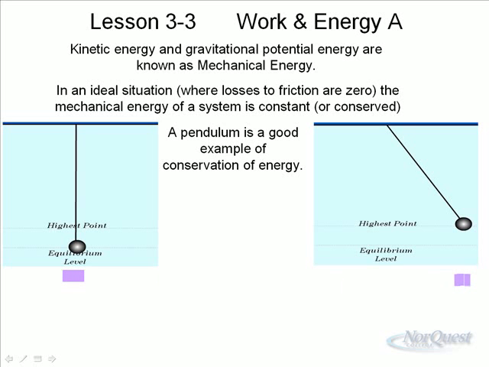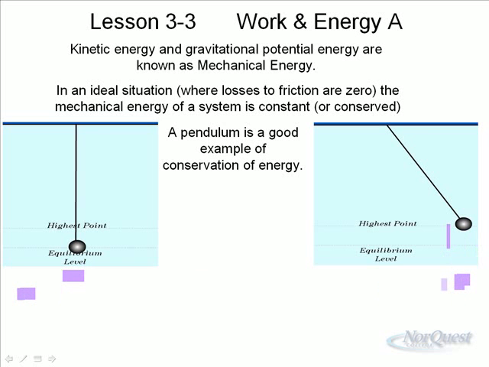At this point over here, it would have lots of potential because of its height, but a very low amount of kinetic. In fact, it would stop here, so it would have zero kinetic. So at point number 1, you have lots of kinetic energy. At point number 2, you have lots of potential energy.